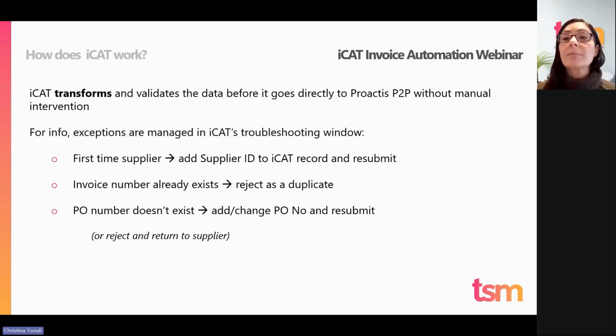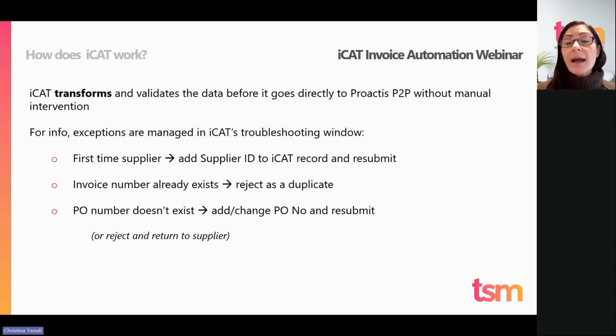The next time a supplier with that same email address sends a document through to the iCAT email address or the iCAT service, it will know who that supplier is. So that relationship will have been built and there's no need to do that further on. Unless the supplier is sending documents from different email addresses, we can create rules to identify that it maps to the same Proactis supplier.